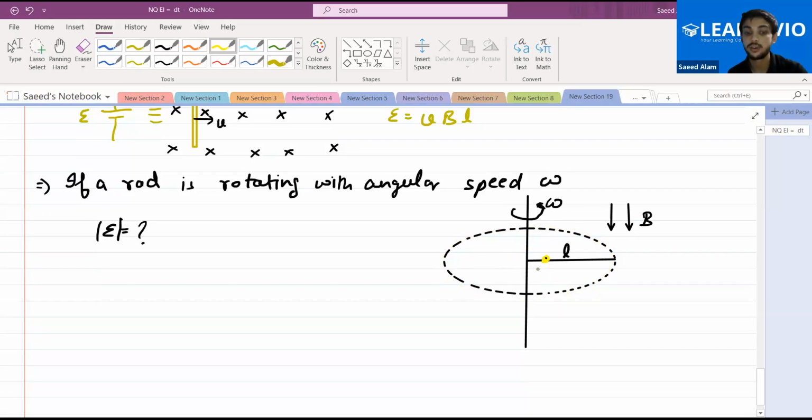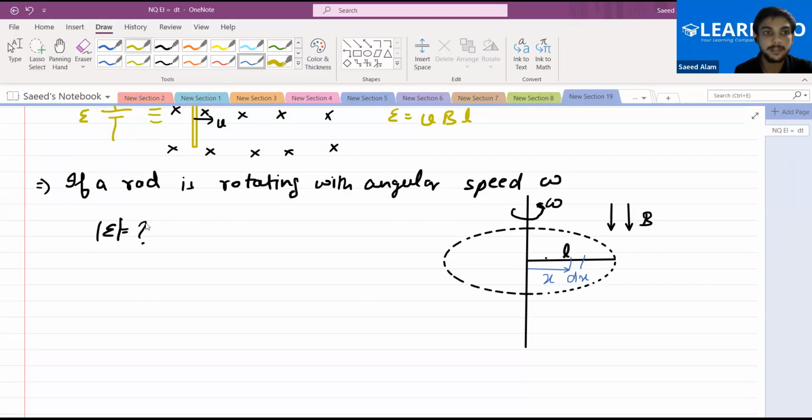So you can't take it to be vBL, because in the previous case all the particles were moving with the same velocity v over the length L. This time it is different. So do you agree that I need to integrate over here? Okay, so suppose at a distance x, I'm taking a small element dx.